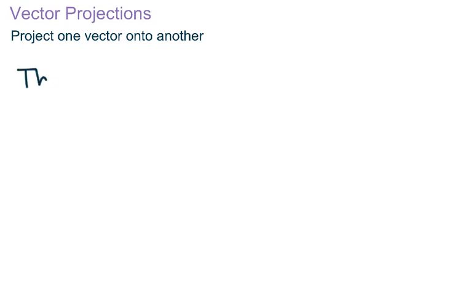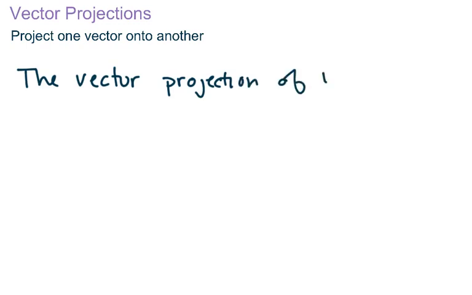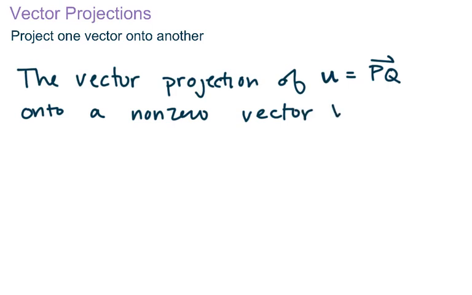The vector projection of some vector u, equaling PQ, onto a non-zero vector, and we'll call this vector V, which is PS.